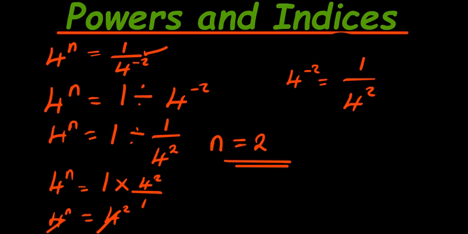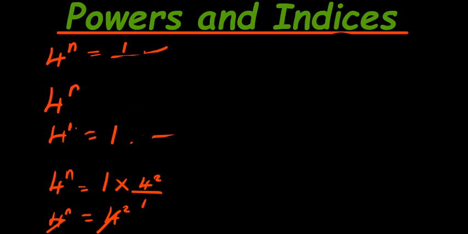Now I'm going to leave you with these practice questions which you have to go through on your own time. The first one: 25 to the power x is equal to 5. This is very simple, you just have to make the bases the same.